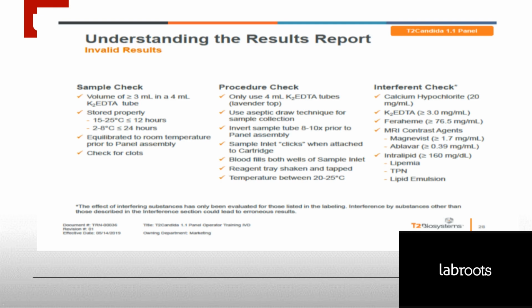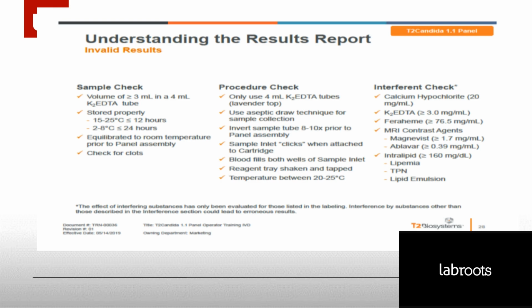This particular slide gives us a lot of information because there are invalids, especially on the T2 Candida. Each of these categories, the sample check, the procedure check, and the interference check, is very, very important.